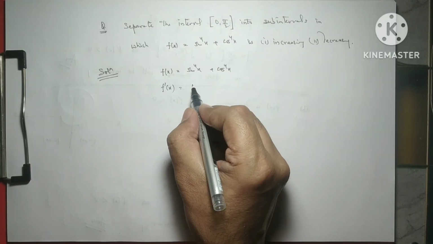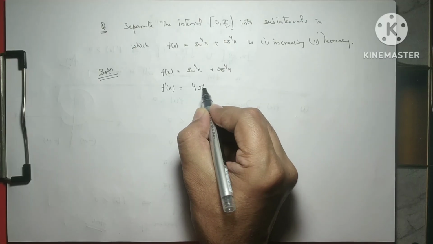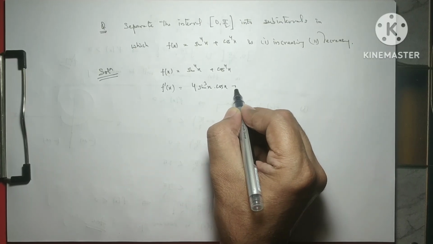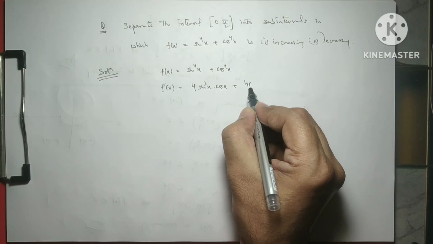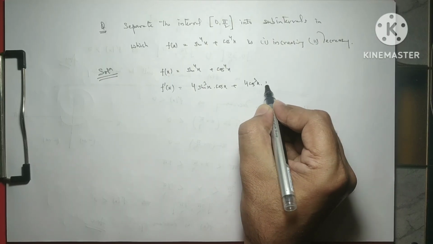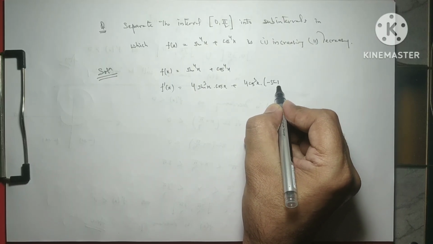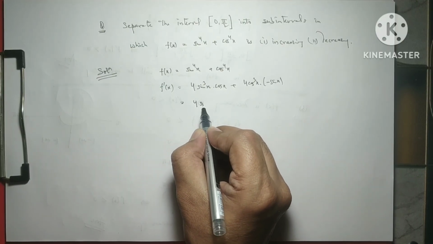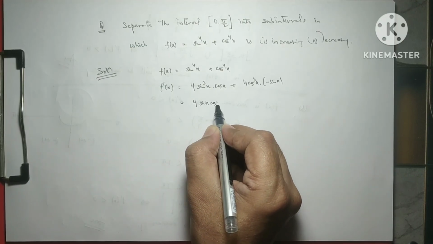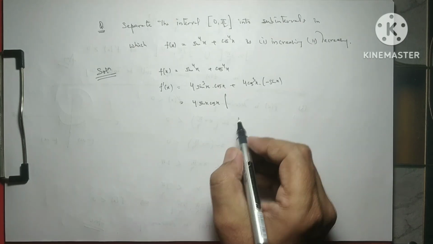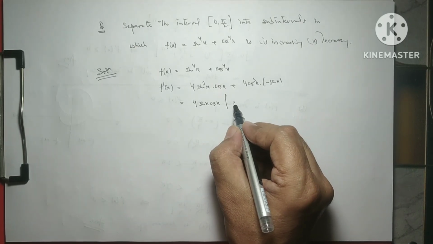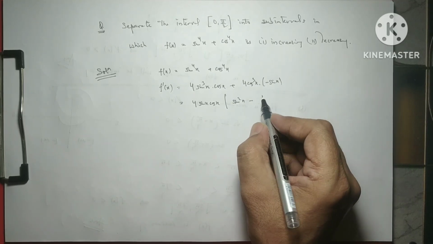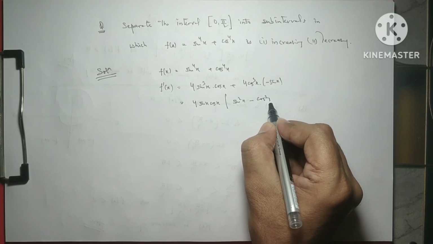So it becomes 4 sin cube x into cos x, and in the same way 4 cos cube x into minus sin x. So 4 sin x cos x is common, so we get sin square x minus cos square x.